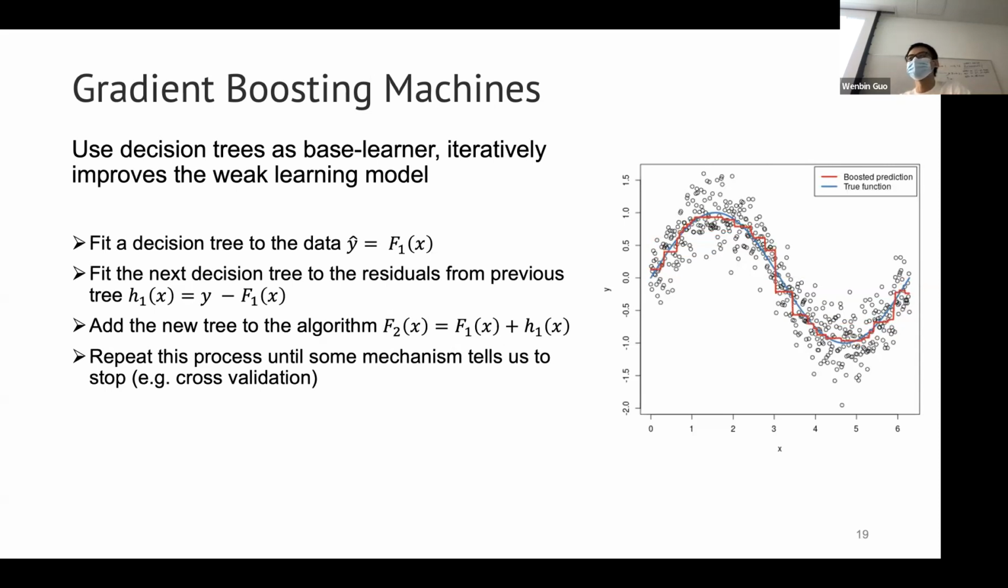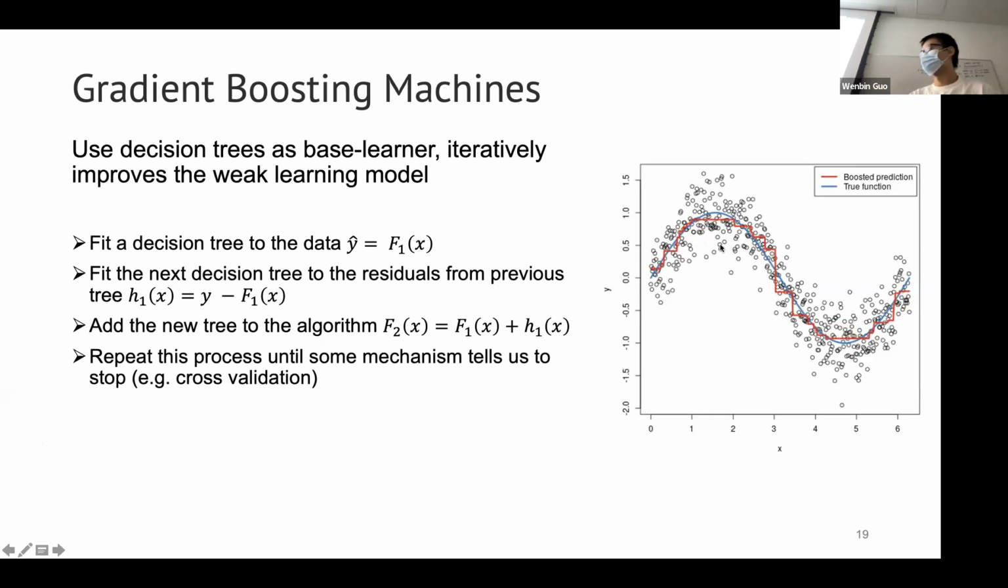For example, when you use cross-validation and find that the MSE or the performance measure shows this is already good enough, you should stop and then use the learned model to make predictions.